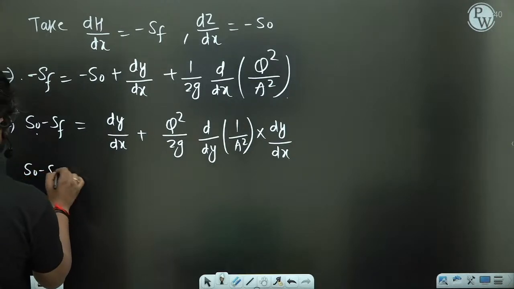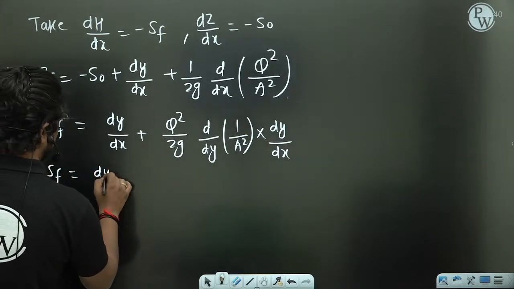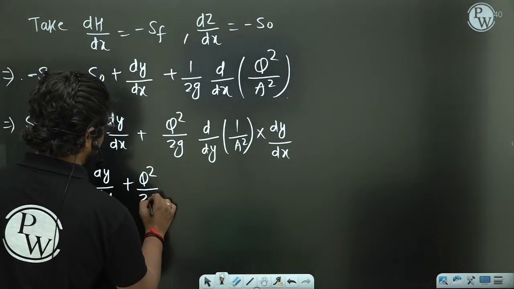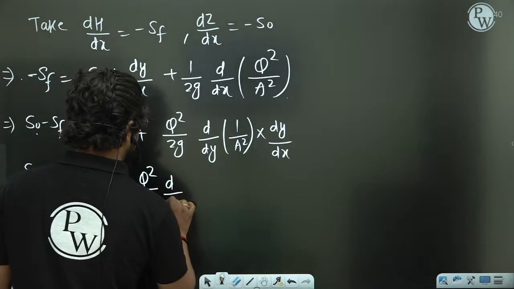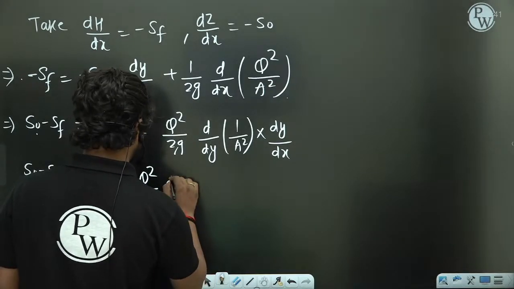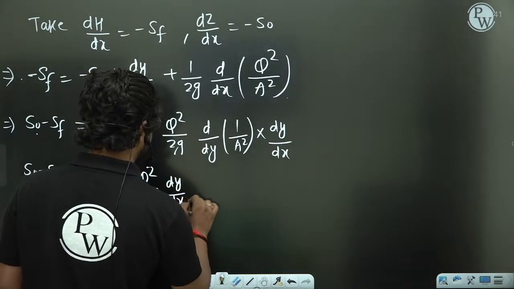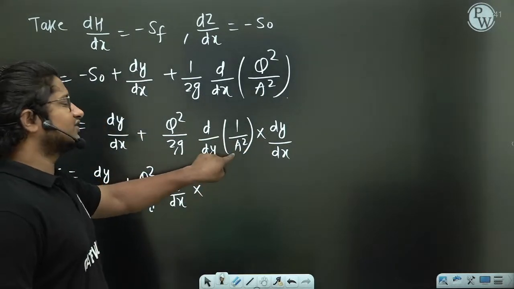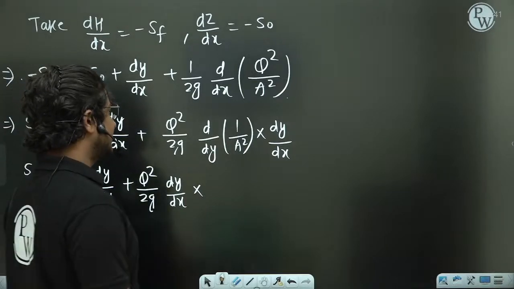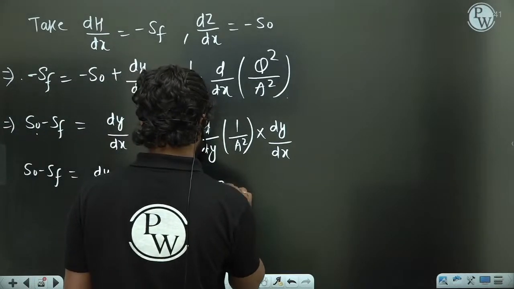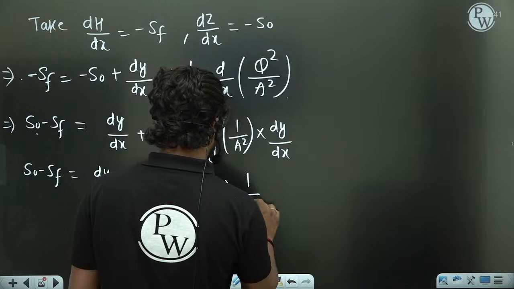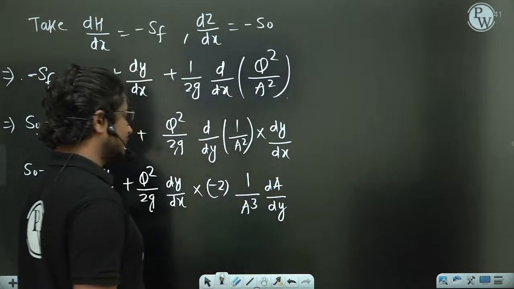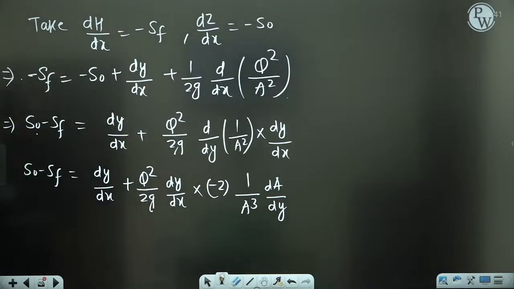So S naught minus SF is dy upon dx plus q squared upon 2g dy upon dx into, now if you differentiate 1 upon a square with respect to y, it will be nothing but minus 2 times 1 upon a cube dA upon dy. Is it clear to all of you? I hope you got this point.